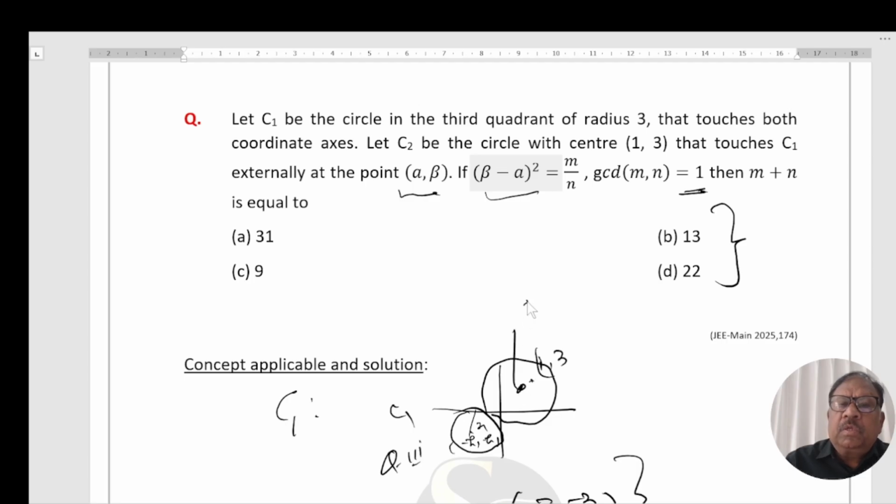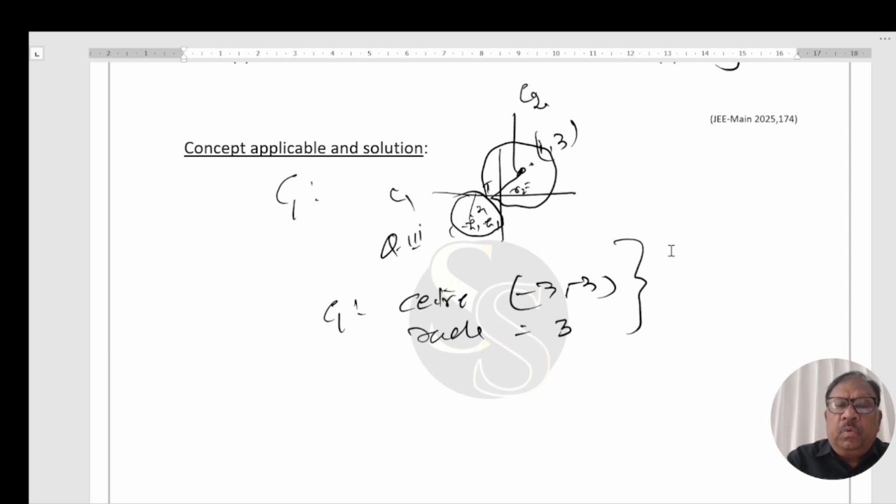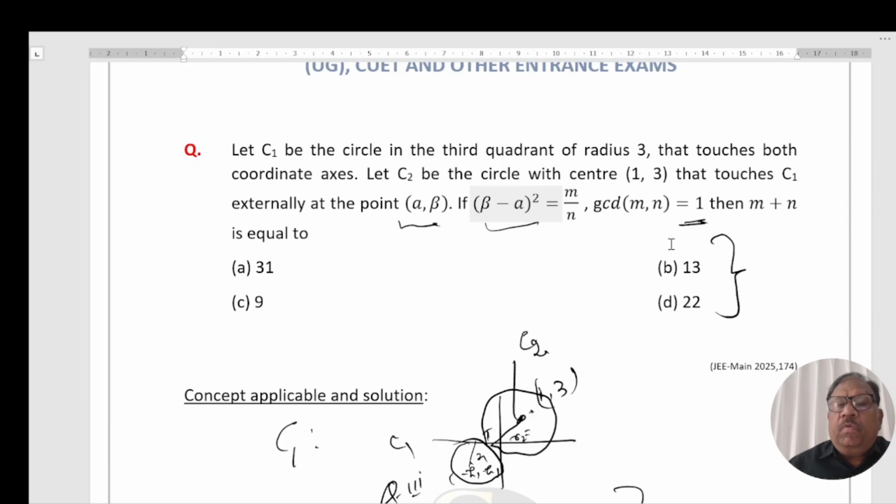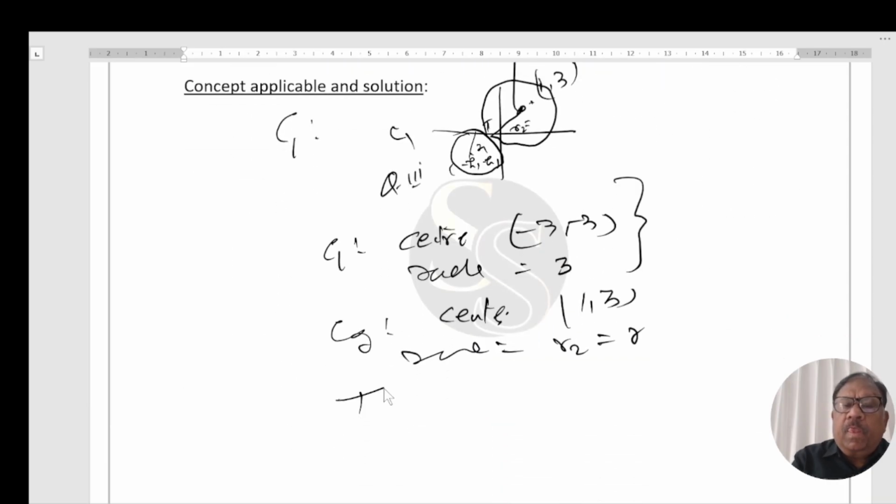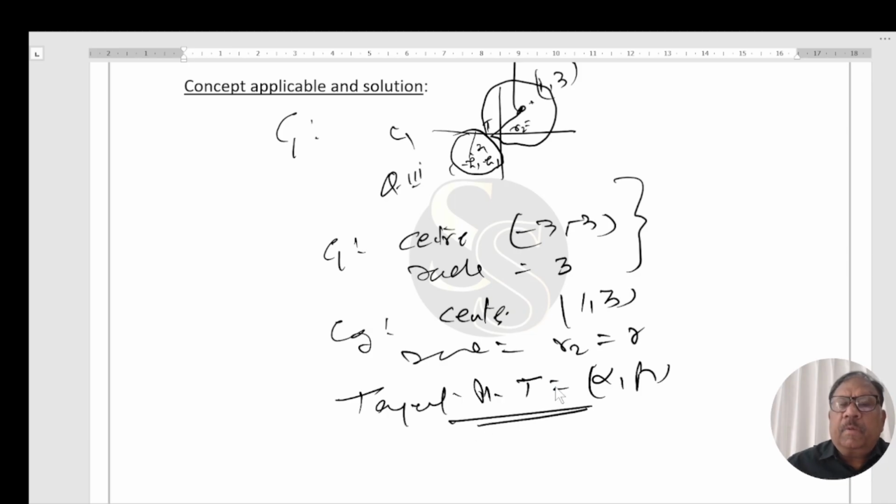C2's center is (1, 3), and we take its radius as R2. This is R1. We take this point as T. So the center of C2 is (1, 3) and the radius is R2. The tangent point T is (alpha, beta).